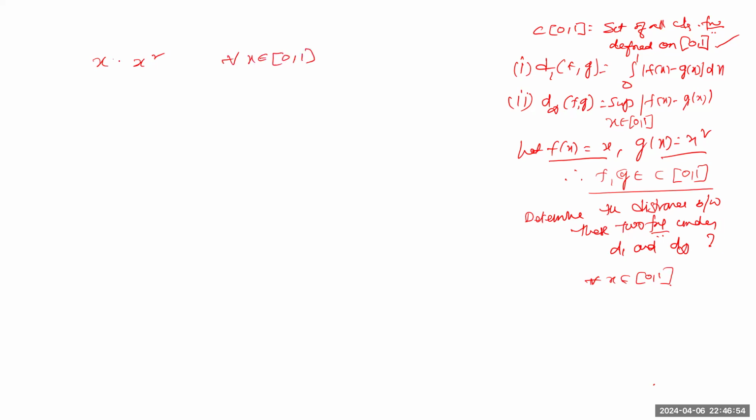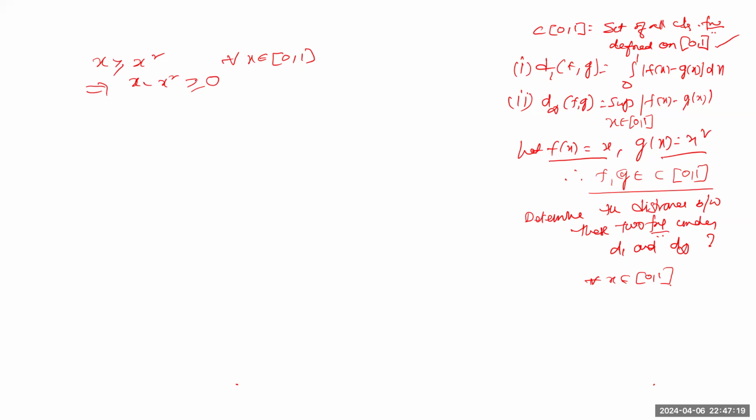So x is always greater than or equal to x squared. In such a case, x minus x squared is always greater than or equal to 0, right?